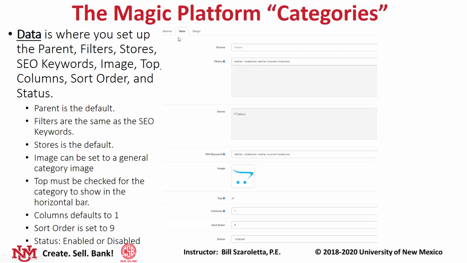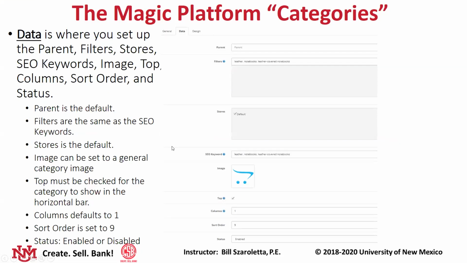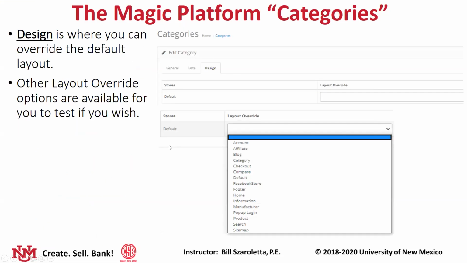So the data tab in categories is where you set up the parent, like who does this report to, filters, stores that you might have, SEO keywords, image, top columns, sort order, and status. And these are things that you can explore and experiment with.